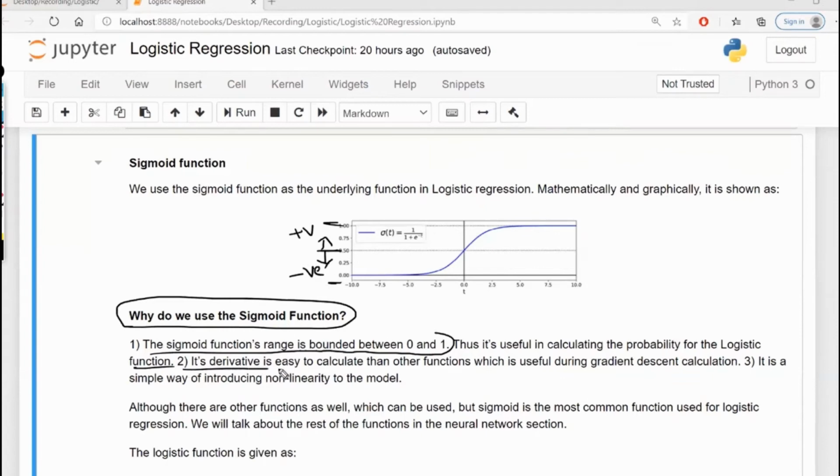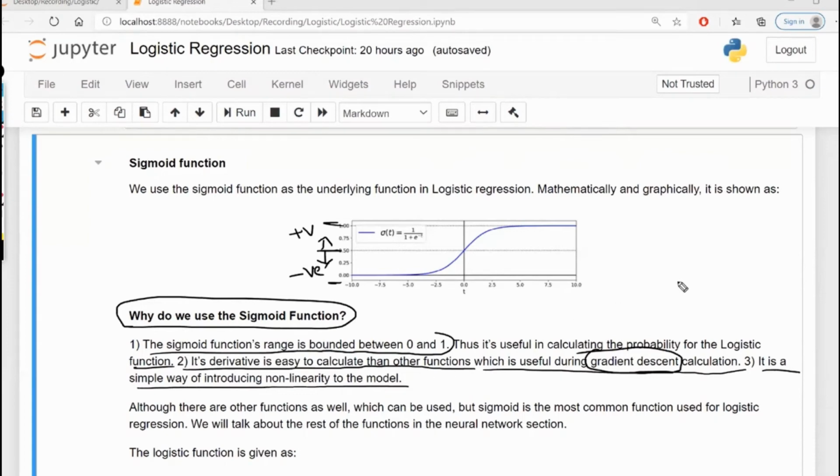Its derivative is easier to calculate than other functions, which is useful during the gradient descent calculation, right? We have understood gradient descent in other series, so you can go ahead and check the gradient descent. And it is a simple way of introducing non-linearity to the model, right?